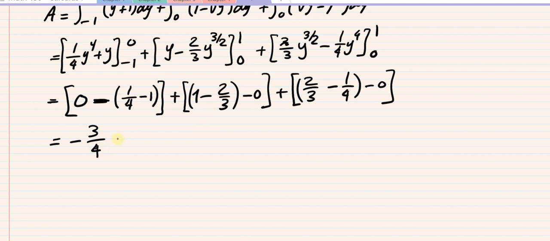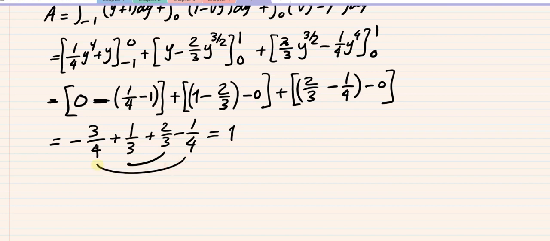And 1 minus 2/3 is going to be plus 1/3. And this one, I'm just going to write plus 2/3 minus 1/4. So I need to combine these fractions. Okay, 2/3 and 1/3 make 1, and negative 1/4 and 3/4 make negative 1, so that will be 0.